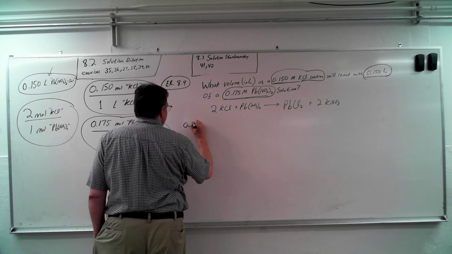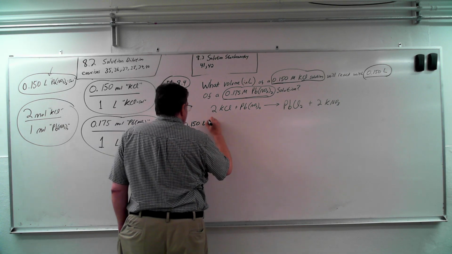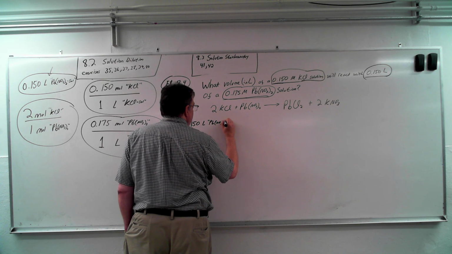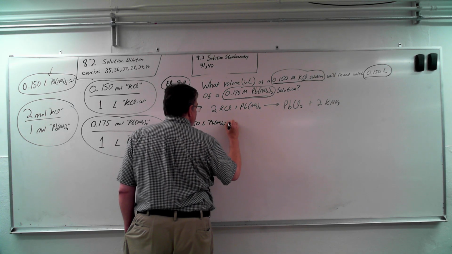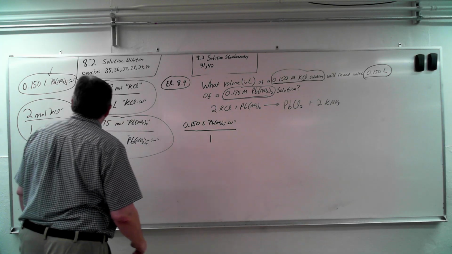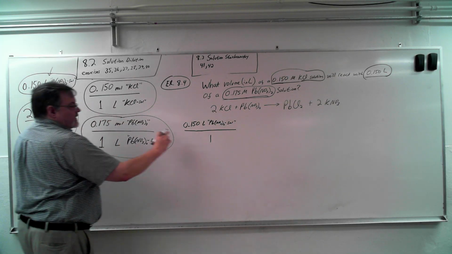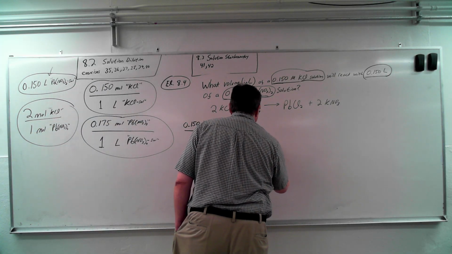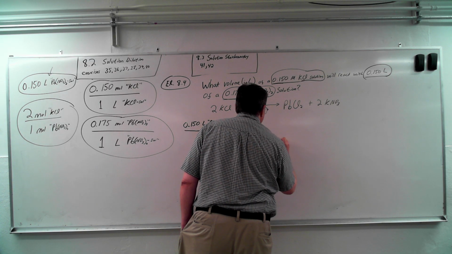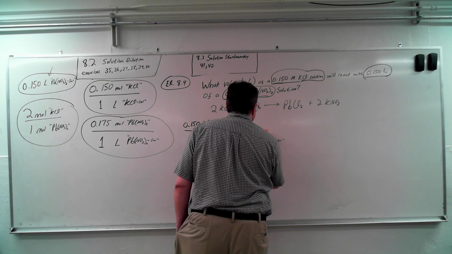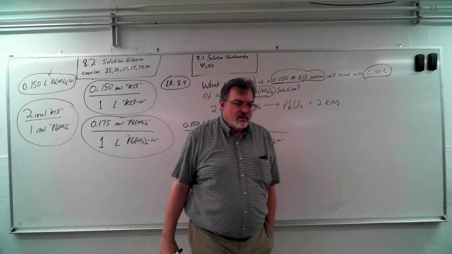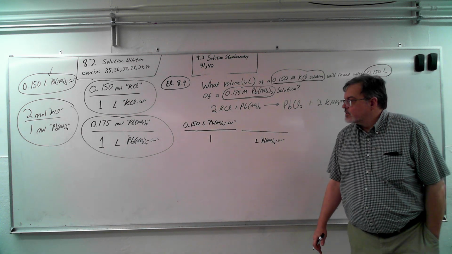0.150 liters of Pb(NO3)2 solution. And I'll just put it over 1. So we've used this. This tells you that liters of Pb(NO3)2 solution needs to be on the bottom. If you look here, only one of these has liters of Pb(NO3)2 solution.